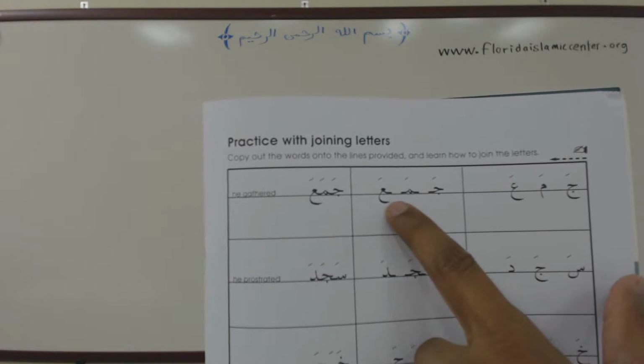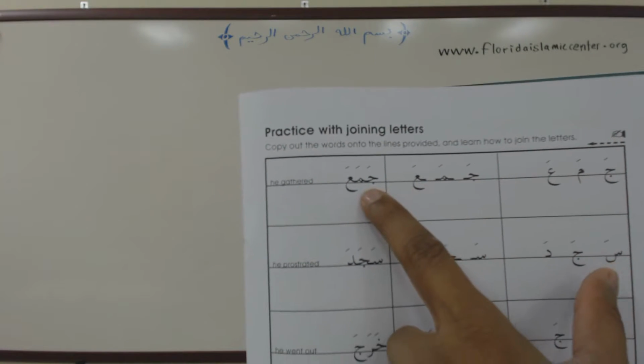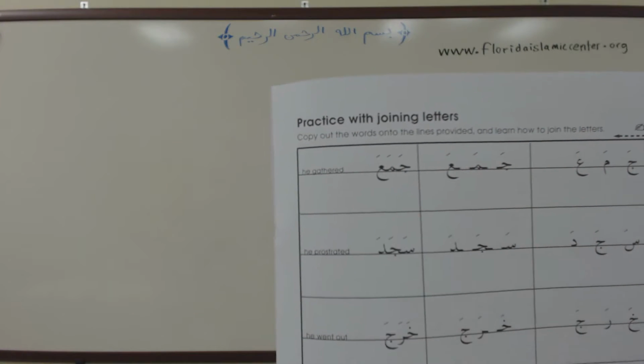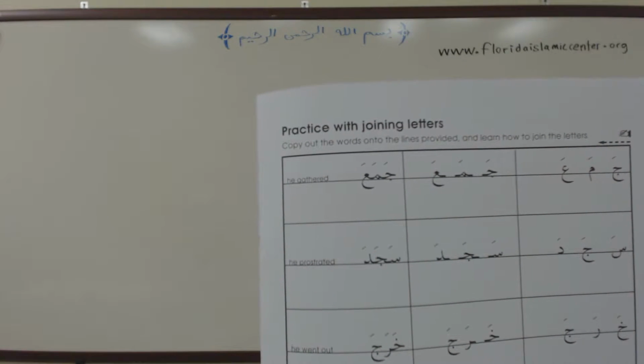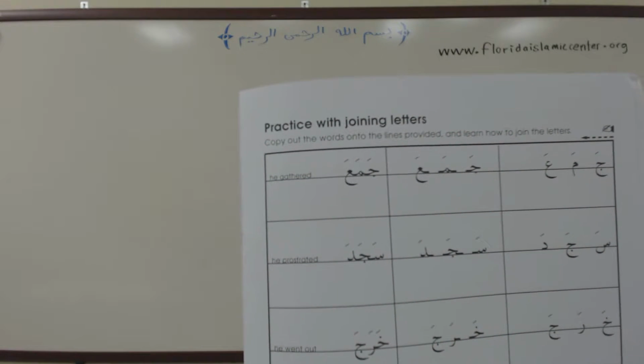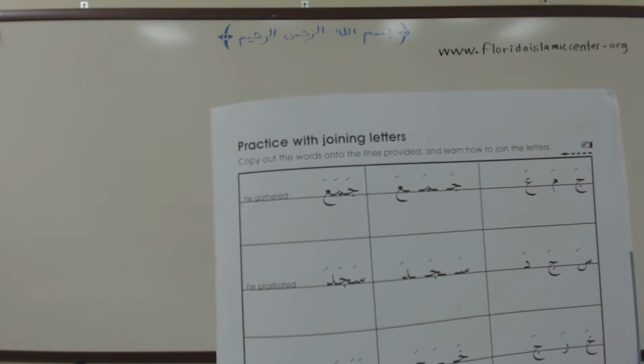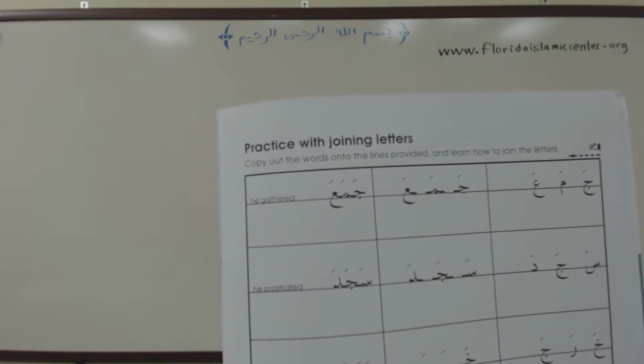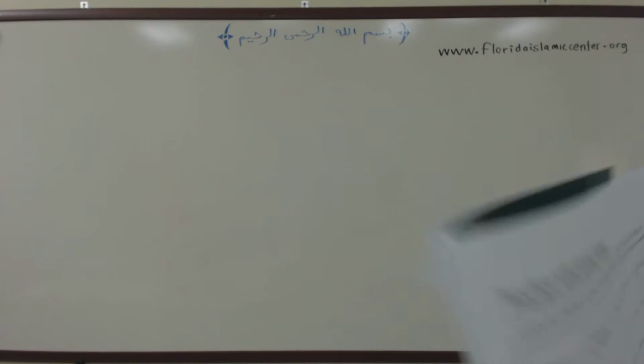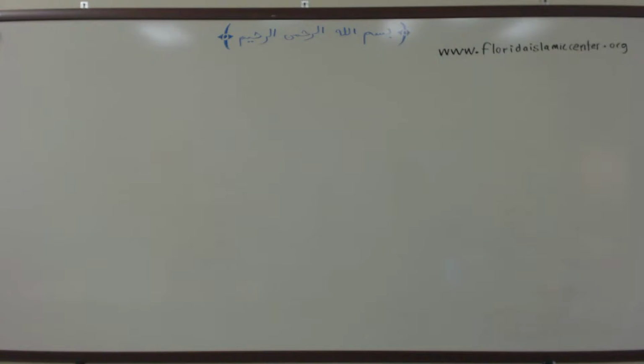See? Jama'a. And in the end, jama'a. So meem, when it's in the middle, just looks like a circle. And the ayn, look at what happened to the ayn. Okay. Let me put this on the board because I think this requires a little bit of explanation for jama'a.